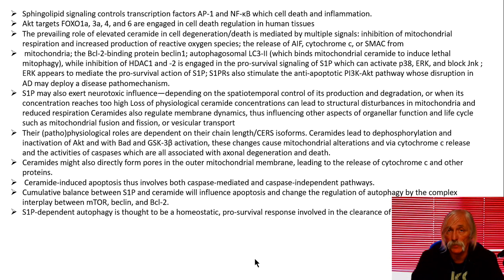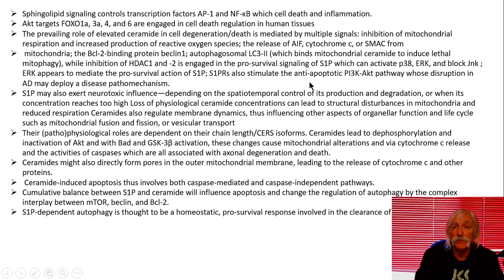Autophagy can also be turned on depending on the bioenergetics of the system and the cell type. Okay, so pro-survival signaling through sphingosine 1-phosphate activates p38 and ERK, and it can block the JNK pathway. ERK appears to mediate the pro-survival action of sphingosine 1-phosphate via the receptors.